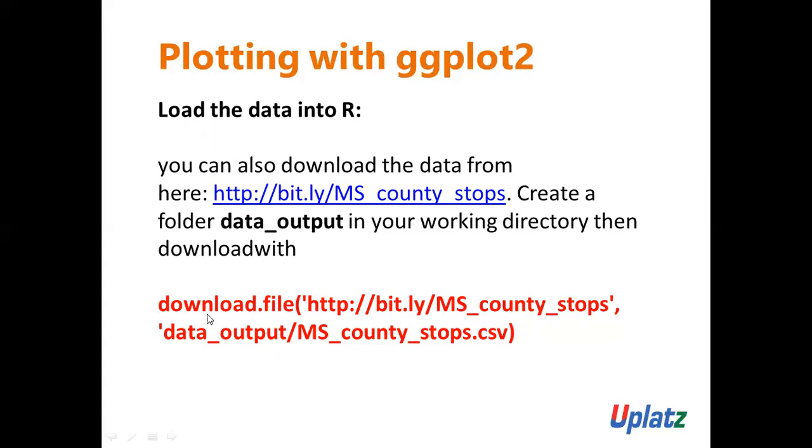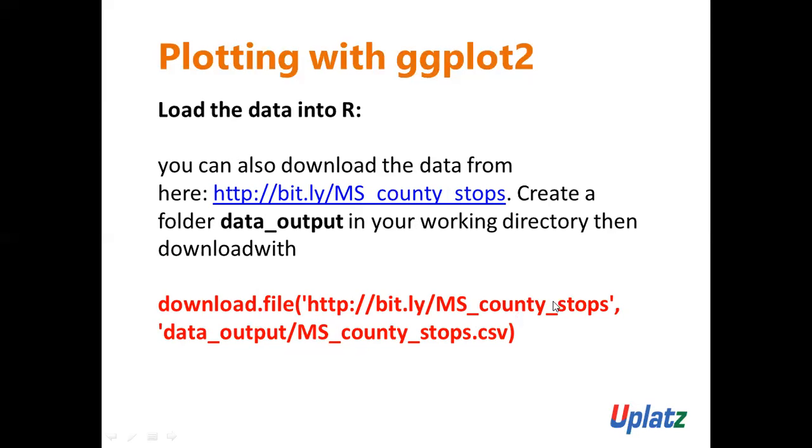What is this data underscore output? It is a folder you need to create inside your current working directory of R. And ms underscore country underscore stops.csv is the name you want to give to your downloaded file.